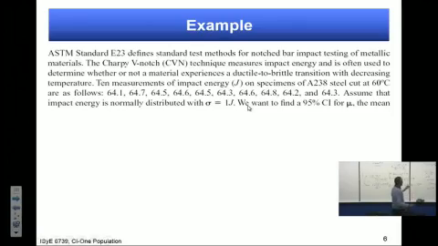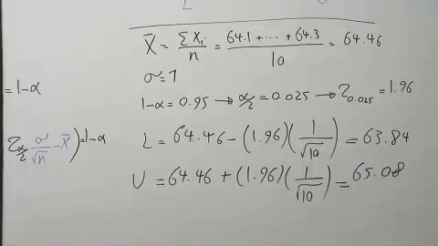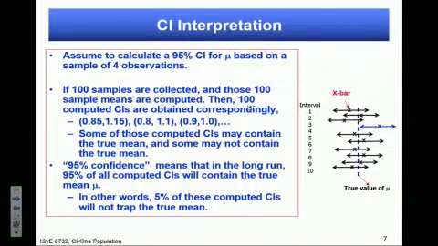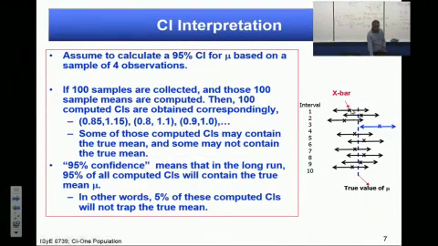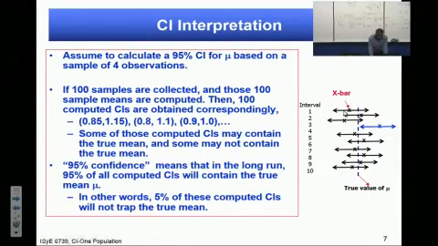Every time that you collect a sample, you get a lower bound and upper bound. Let's repeat this many times, say 100 times or 1,000 times. We don't know the actual mu, but if we did, some of these confidence intervals, say this first one, 63.84 and 65.08, include the actual mu.